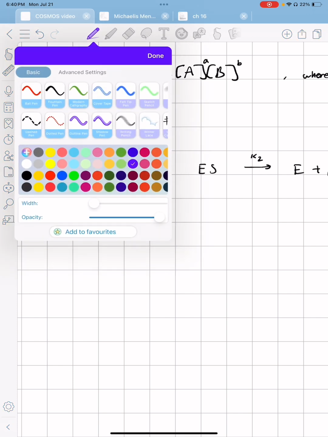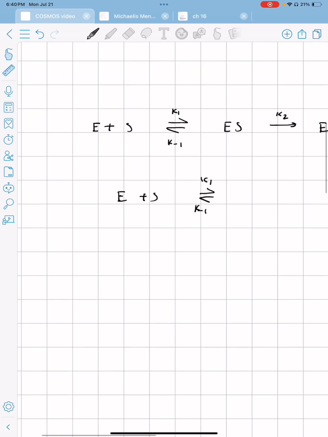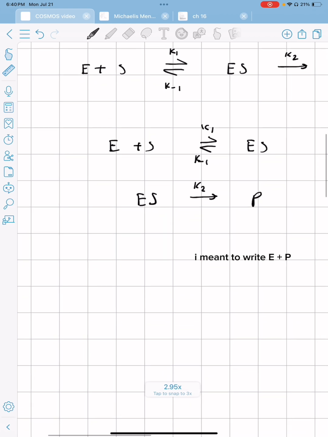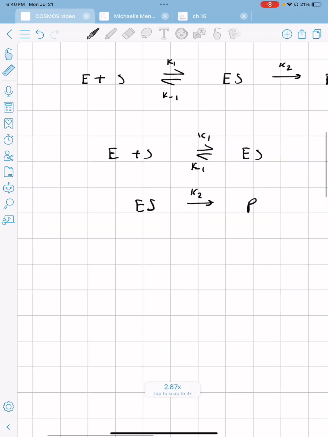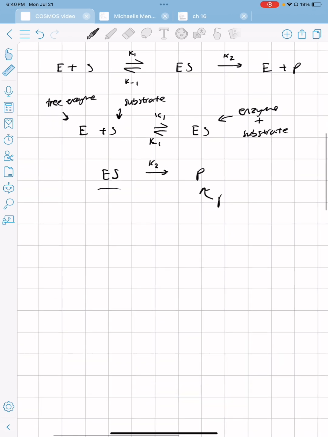Another way to write this would be E plus S, then ES, and then ES going to the product. I'll define these: E is the amount of free enzyme, S is substrate, ES is the enzyme-substrate complex, the same thing right here, and P is the product.